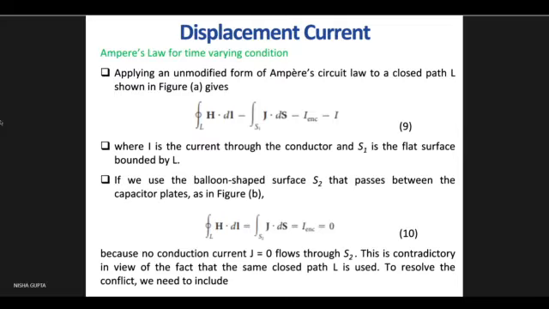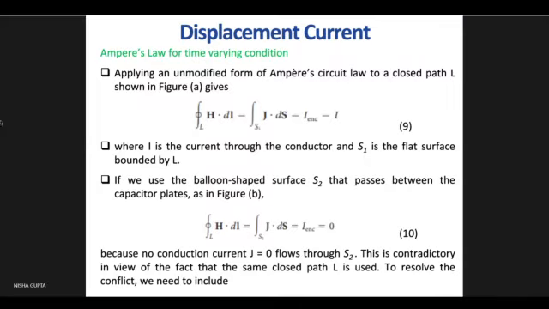So when the conduction current is 0, I enclosed will be equal to 0. It is definitely a contradictory statement because the same closed path is used here. So we need to resolve this conflict.